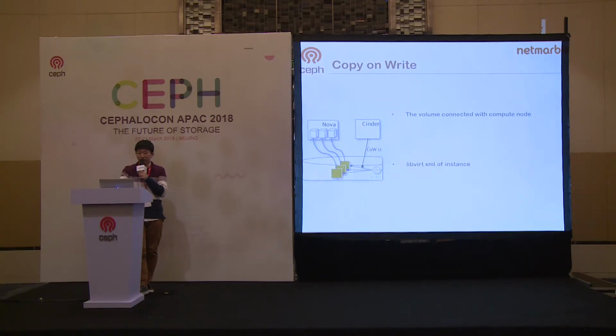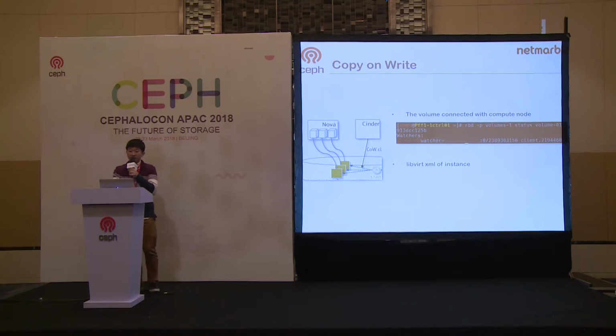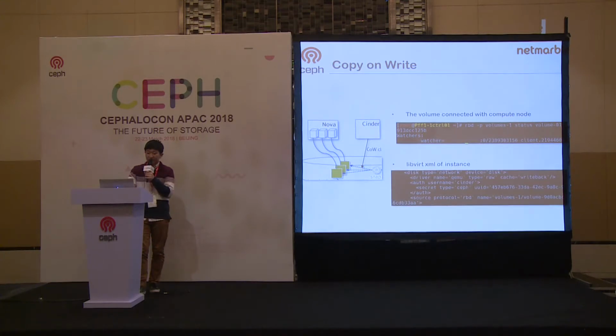These cloned volumes are actually connected to instances and used as root volumes. If you type the RBD status command, you can find the compute node where the instance is running. The default XML of the instance contains the RBD volumes path.